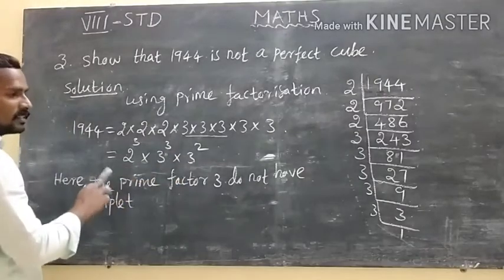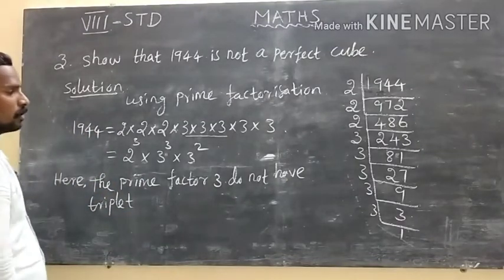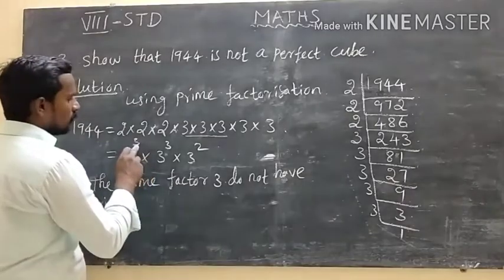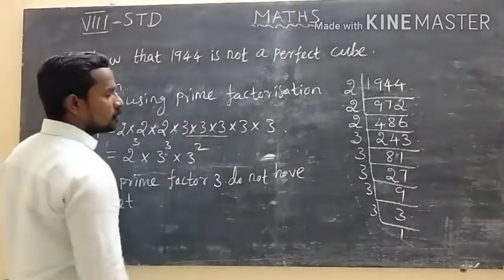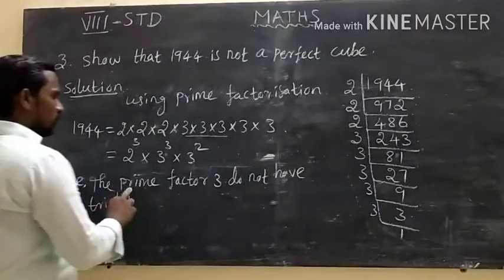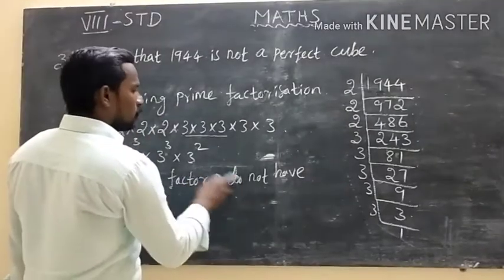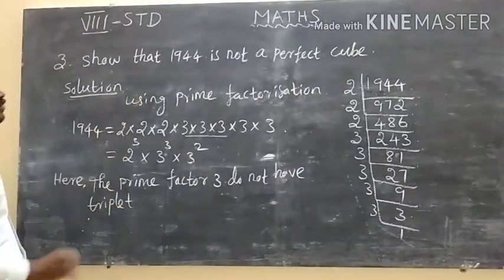Triplet value only exists as a single value because it is a cube root, not a square. Cube root means one triplet: 2 cube, 3 cube. So if a 3 cube existed, it would be a perfect cube. So the prime factor 3 does not have a triplet. Therefore the given number is not a perfect cube.